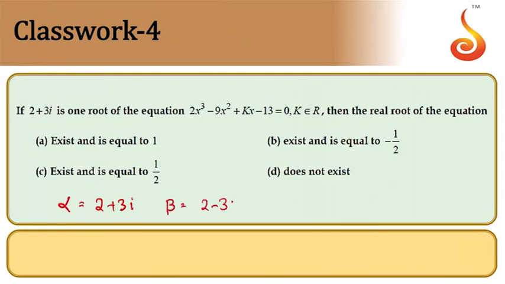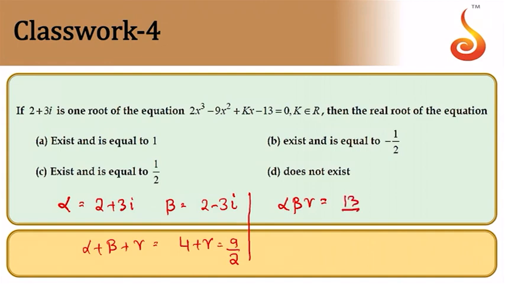Example 4. 2 plus 3i is one of the roots. Then find the real root. If 2 plus 3i is one root, name it as alpha, the other root beta must be 2 minus 3i. So alpha plus beta plus gamma will give you 4 plus gamma. Similarly, consider the product of roots alpha, beta, gamma. So 4 plus gamma is equal to the sum of roots, which is 9 by 2.